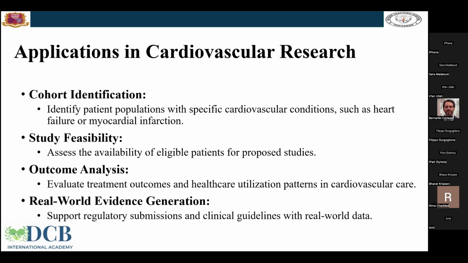Application in cardiovascular research: we can identify patient populations with a specific cardiovascular condition, heart failure or MI, assess the availability of eligible patients, evaluate treatment outcomes, and healthcare utilization. It provides a real-world guideline worldwide.